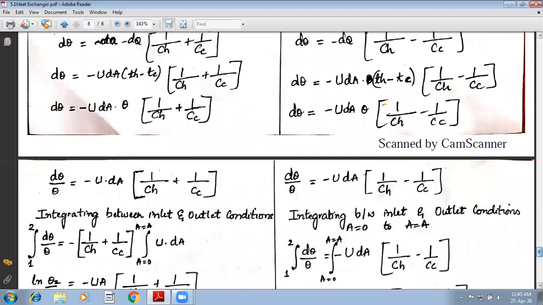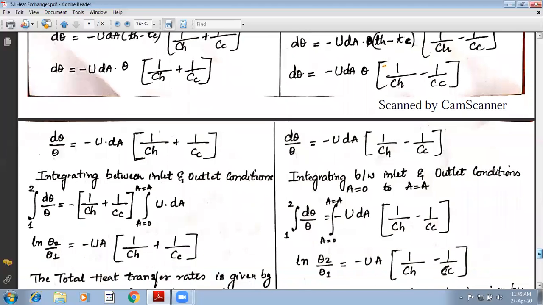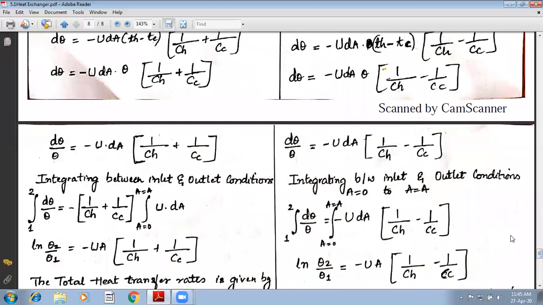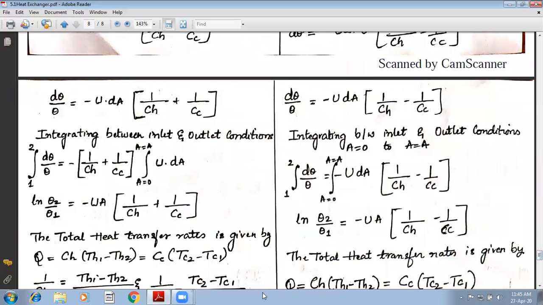Now if you separate the variables, d theta by theta is equal to minus U into dA multiplied by 1 upon ch plus 1 upon cc. Now if you integrate the equation from state 1 to 2, you have integration of 1 upon theta d theta, which is nothing but ln theta. The values are varying from 1 to 2.